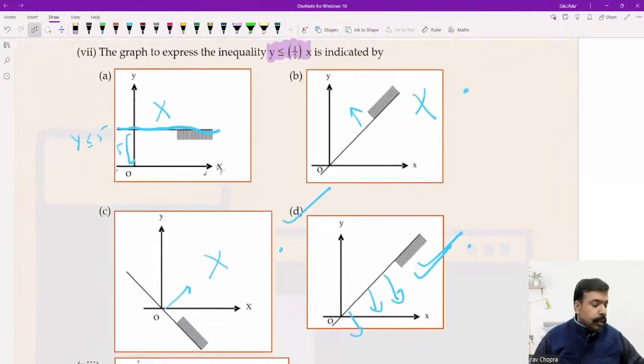Okay, some of you are asking about question number 7th part. So let me explain once again. See, in question number 7, what is given is y less than or equal to 1 by 2 x.